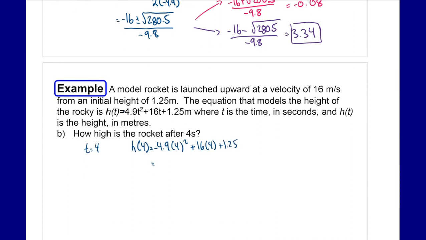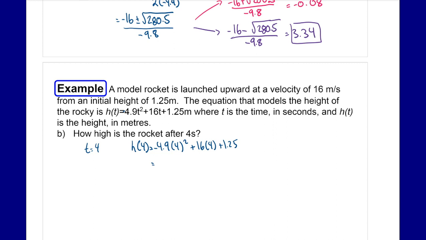And now we're just going through and solving. So negative 4.9 times 4 squared plus 16 times 4 plus 1.25. We do get a negative value.